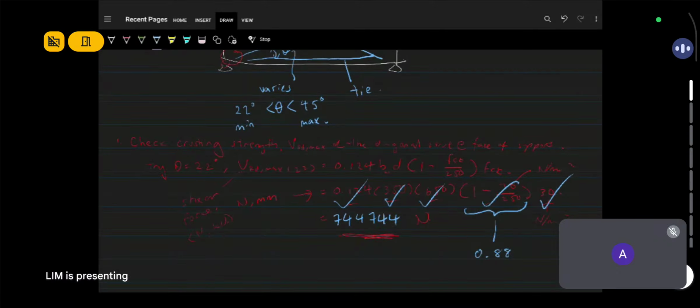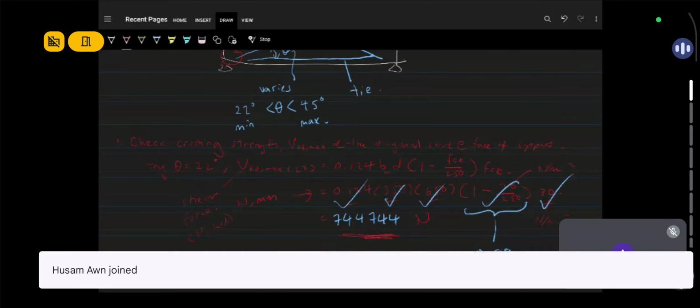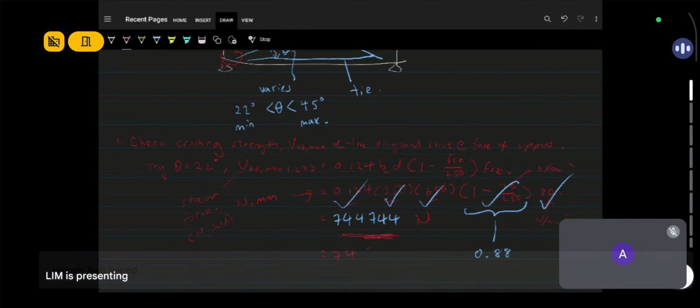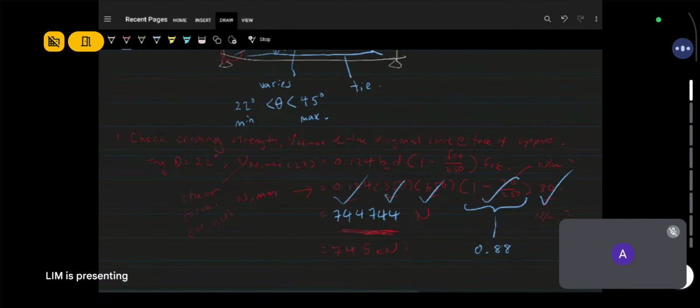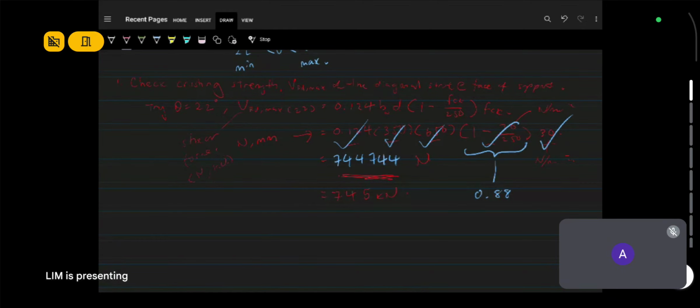Now, obviously, this is Newton, because the FCK is in Newton per millimeter square. So if you convert to kilonewton, then it's 745, we round. Now, 745. Is it bigger or smaller than VEF?